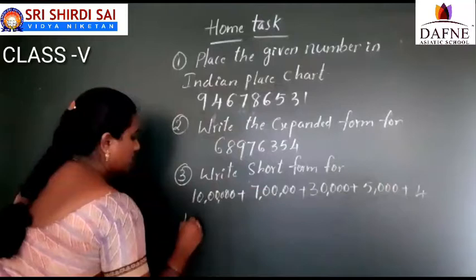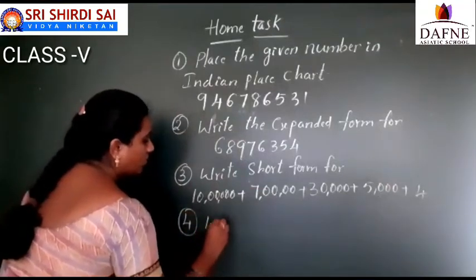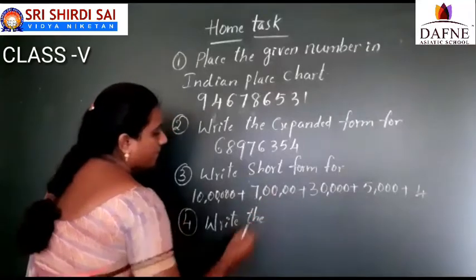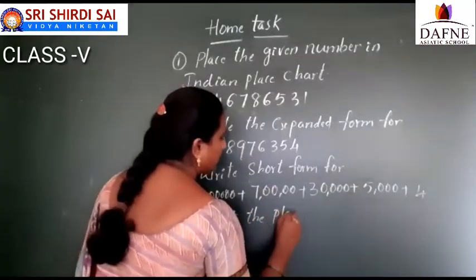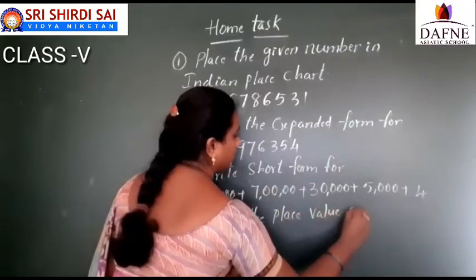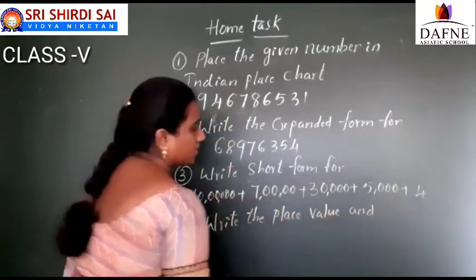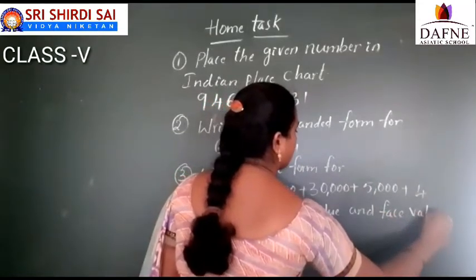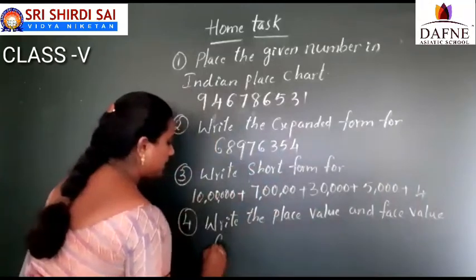And the fourth question: write the place value and face value for the underlined digit.